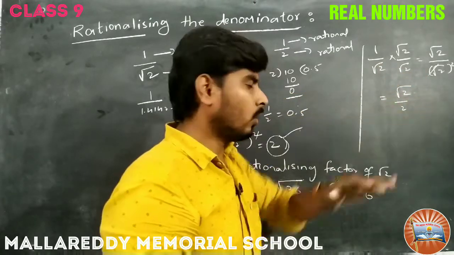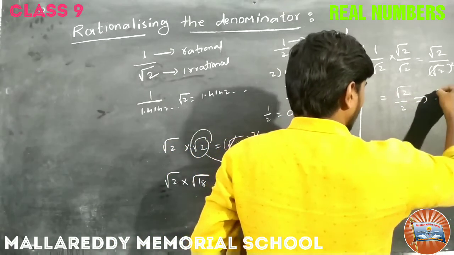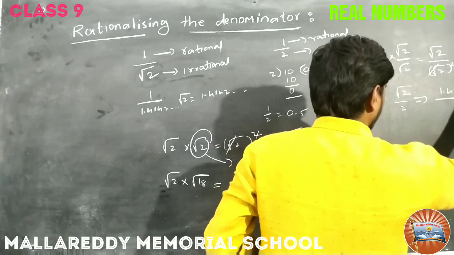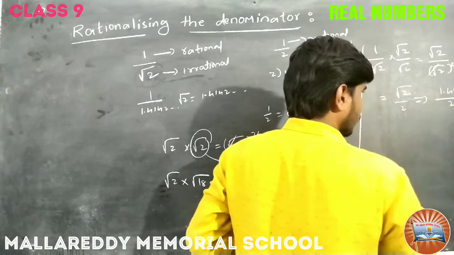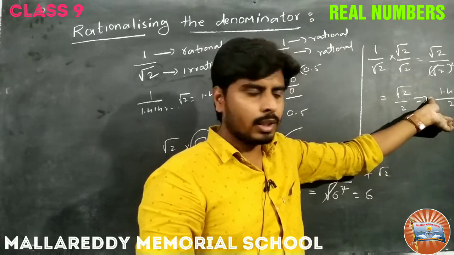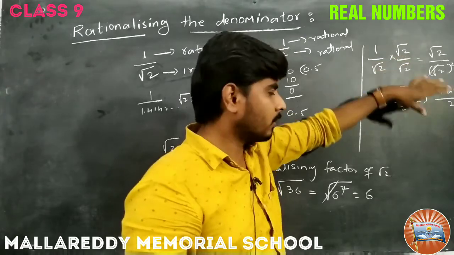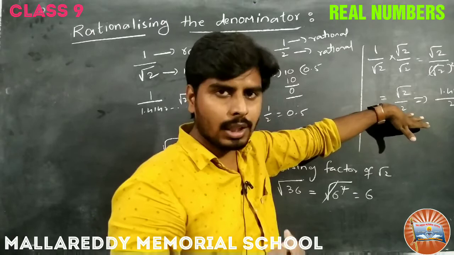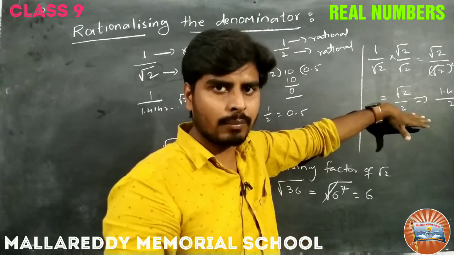Now it is easier to divide. The root 2 value generally we can take as 1.4142. So 2 is here, and now we can easily perform the division. The numerator may be irrational, but the denominator must be a rational number. That is why we need to rationalize the denominator.